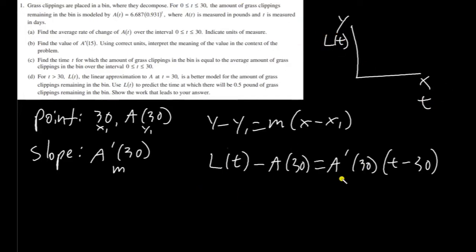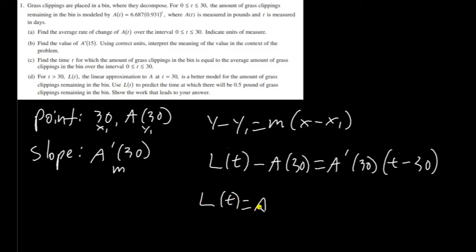So that's why we have this linear approximation here. And then when we solve this for L of t, we can add a of 30 to both sides, and we'll get L of t equals a of 30 plus this whole a prime of 30 times t minus 30 thing. Okay, that's our linear approximation.